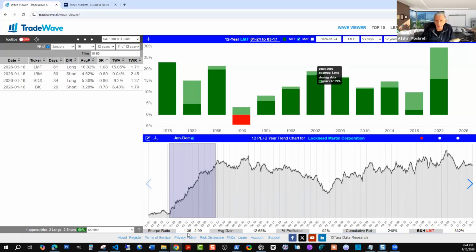These are pretty big moves for a low volatility stock like Lockheed.